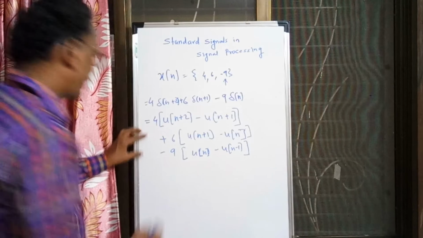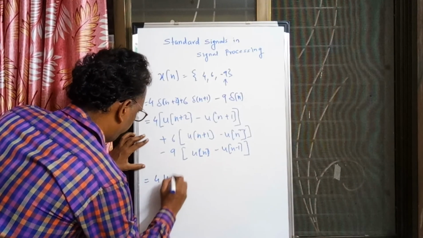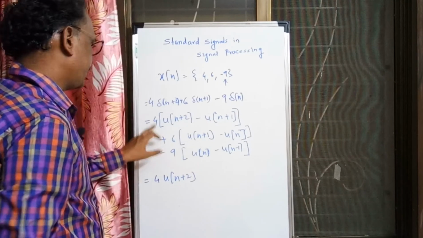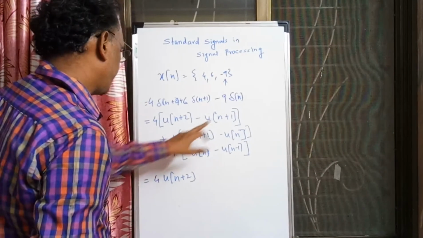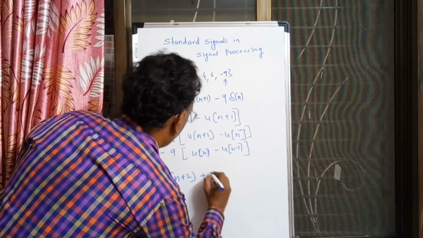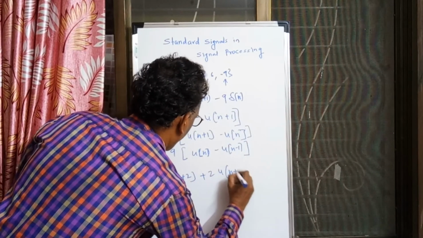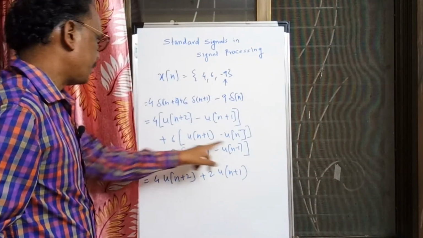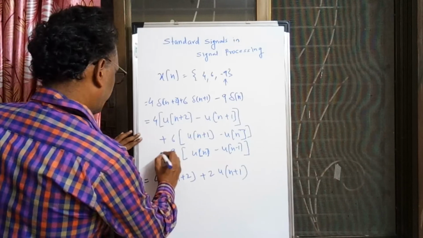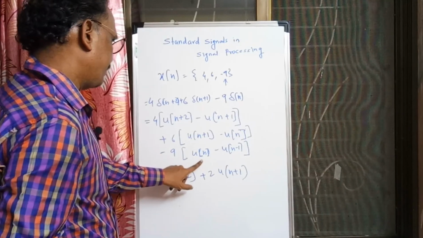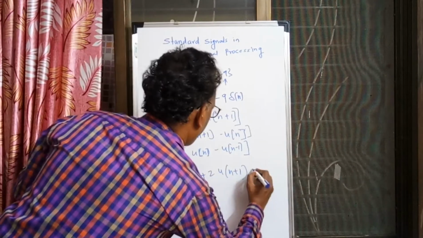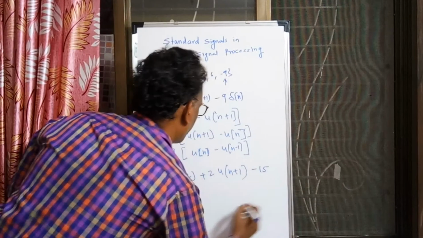So if you write it out, it is 4 times u of n plus 2. Here it is 4 times u of n plus 1 with minus sign, and here 6 times u of n plus 1 with plus sign, so the result is 2 times u of n plus 1. Here it is minus 6 times u of n, and here minus 9 times u of n, so minus 6 and minus 9 gives minus 15 u of n.